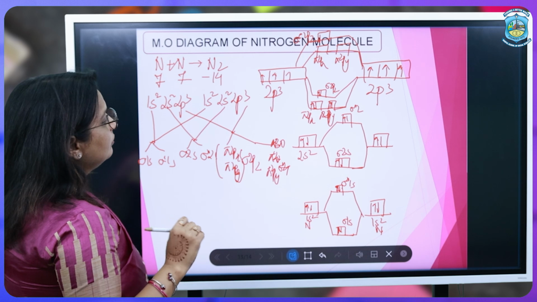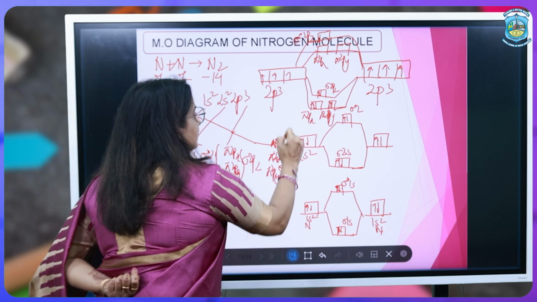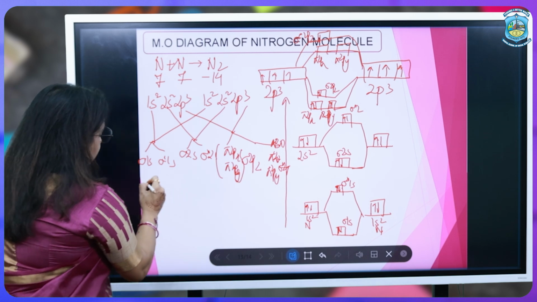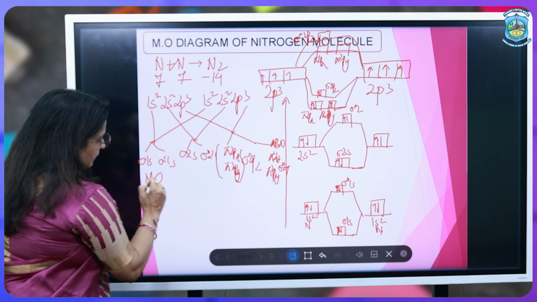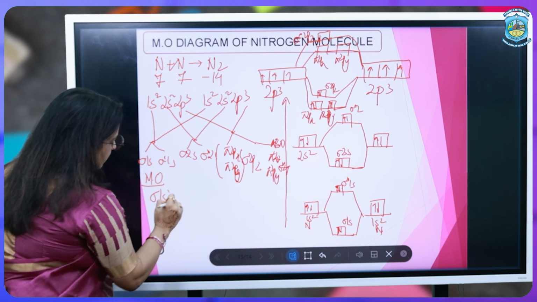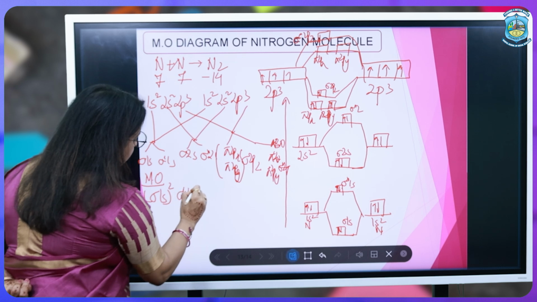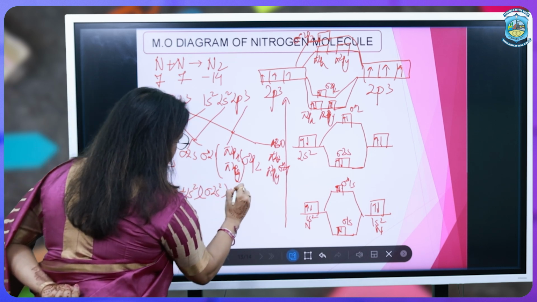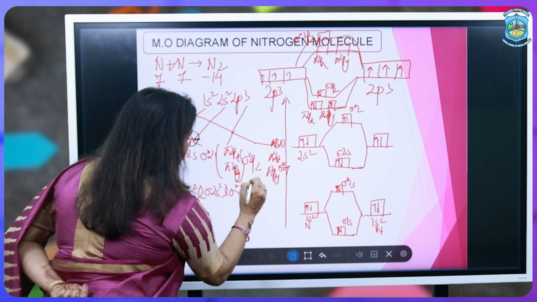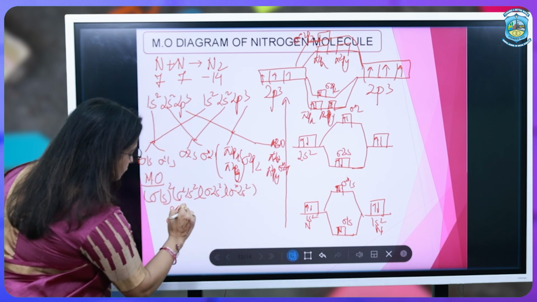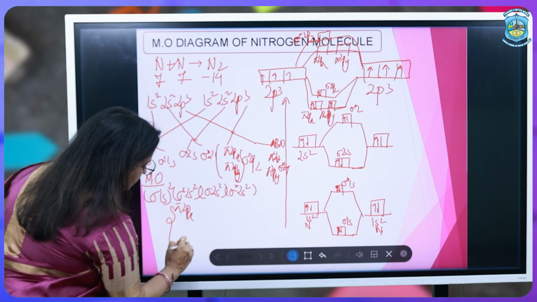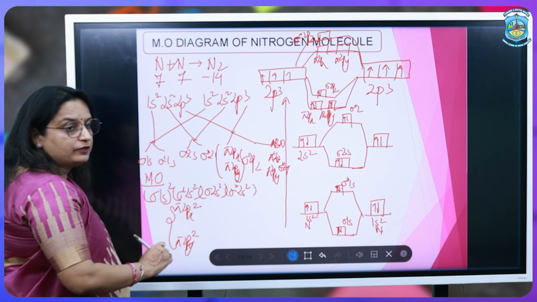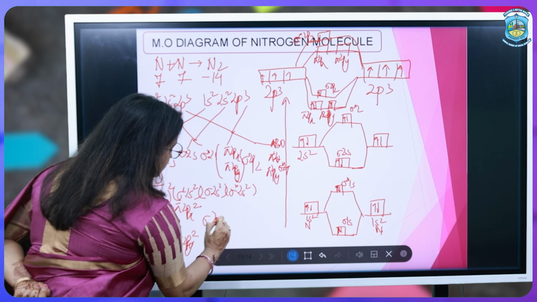So now we have the increasing energy order for the N2 molecule. The MO configuration is sigma 1s2, anti-sigma 1s2, sigma 2s2, anti-sigma 2s2, and then, as you have seen, the two pi orbitals at the same energy level, pi 2px2, pi 2py2, and sigma 2pz2.